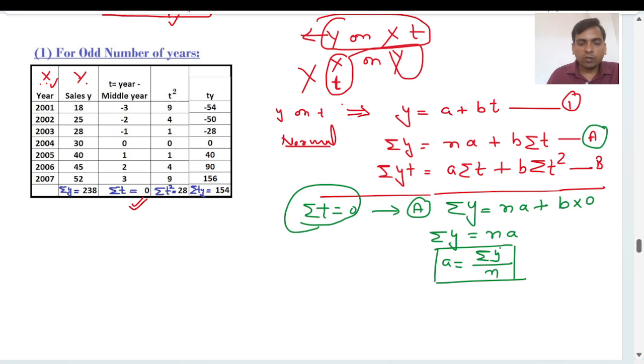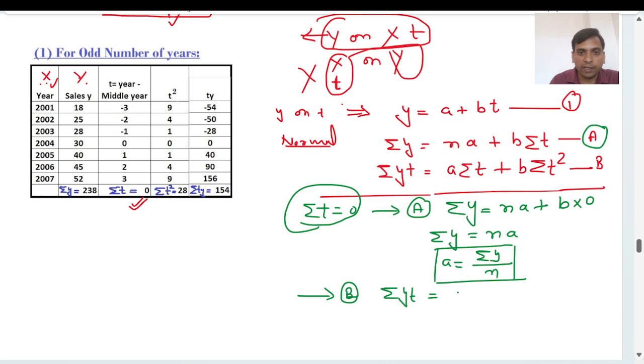In that way you can find the value of b also, if you put summation t equals 0 in this second equation. So in equation b, the equation becomes summation yt. We will not put t equals 0 for this, because this is only for summation t.